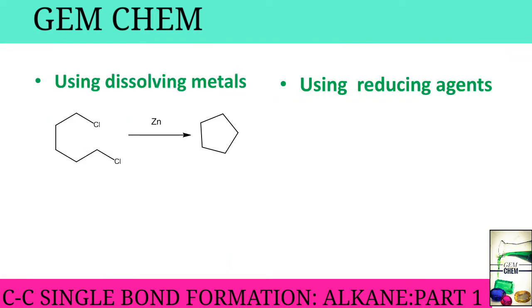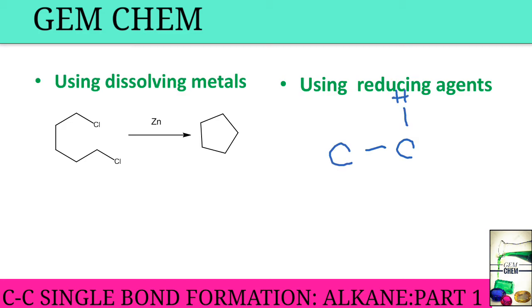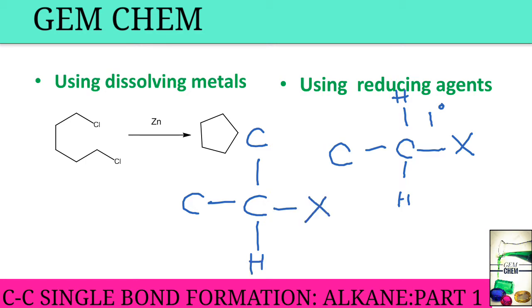If a carbon is attached to one other carbon, hydrogens and a functional group, then this carbon is 1 degree. That is, it is attached to one carbon. If a carbon is attached to 2 carbons, a hydrogen and a functional group, then it is a 2 degree carbon.